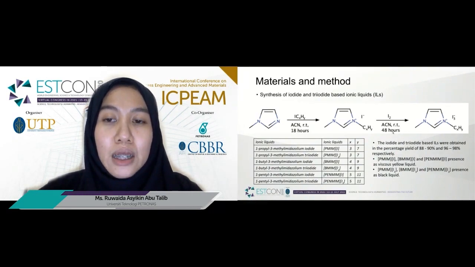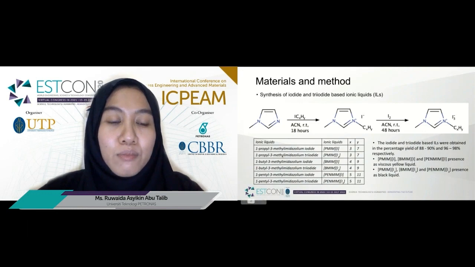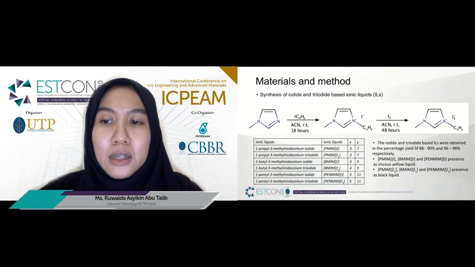temperature for 48 hours to obtain 1-propyl-3-methylimidazolium triiodide, 1-butyl-3-methylimidazolium triiodide, and 1-pentyl-3-methylimidazolium triiodide. So the iodide and triiodide-based ionic liquids were obtained in a percentage yield of 88 to 90% and 96 to 98% respectively.